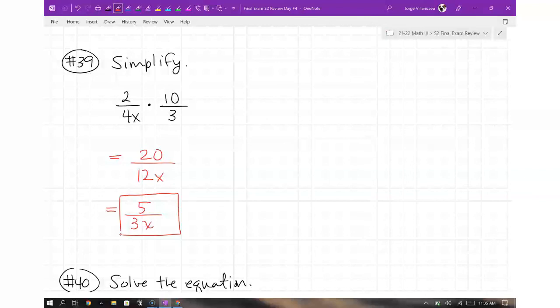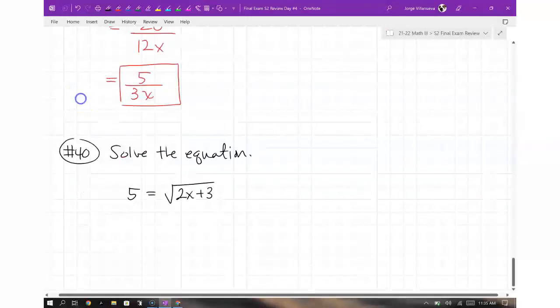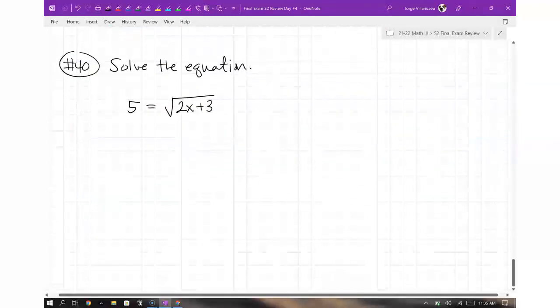All right, last question. Solve the equation. Remember, we did a problem like this on day 1, but day 1's problem was a little bit harder. On day 1's problem, I think we had square roots on both sides, if I'm correct. This one just has one side. How do you get rid of a square root?